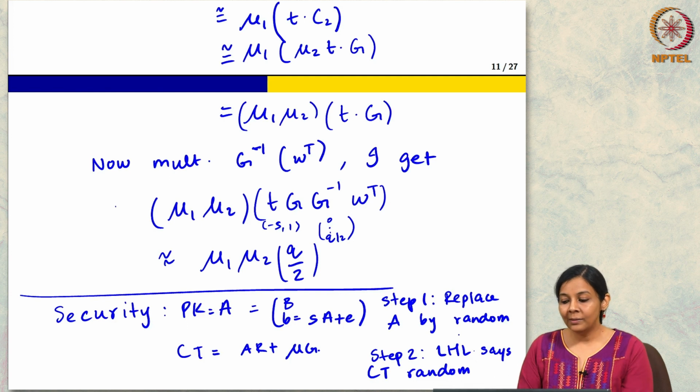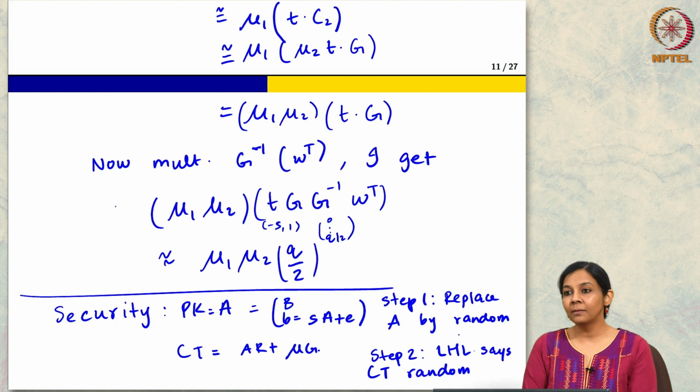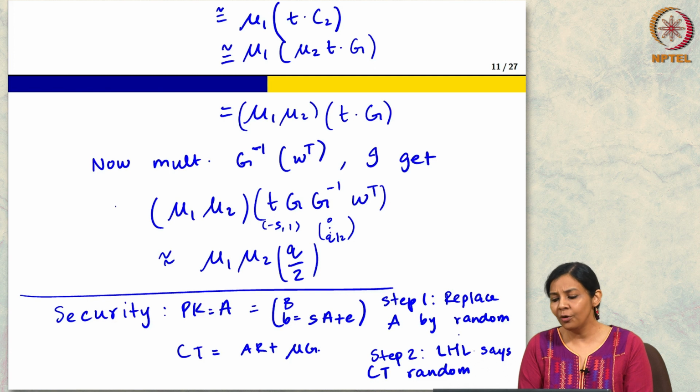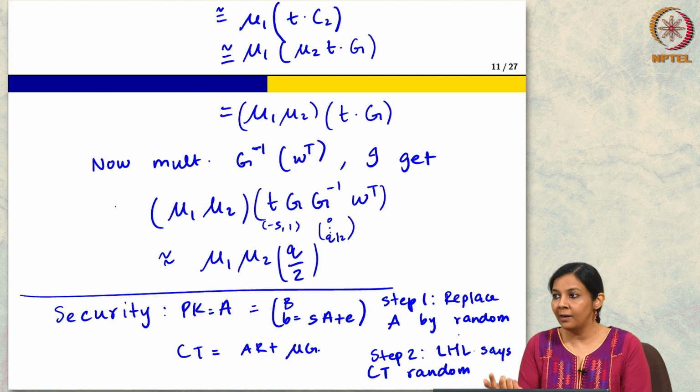Are there any questions? Is the scheme clear to everybody? The reasoning, the correctness, why homomorphism works, and security is very easy. It's just what we did yesterday, but instead of using LWE twice, we use LHL and LWE.